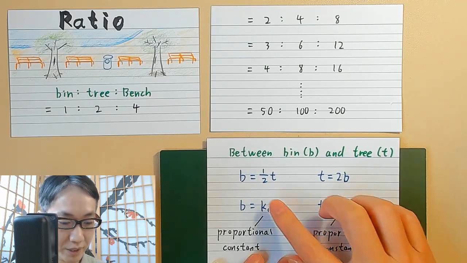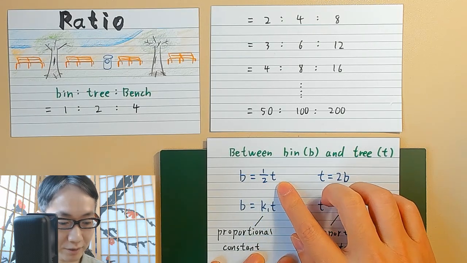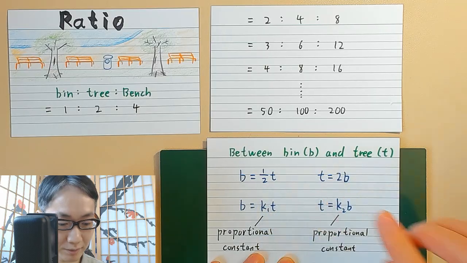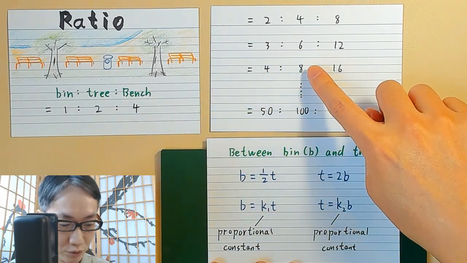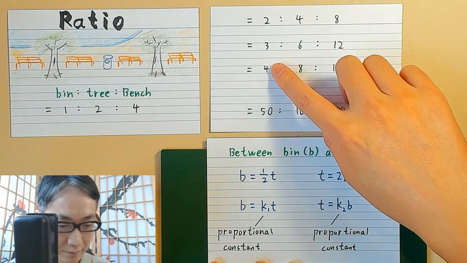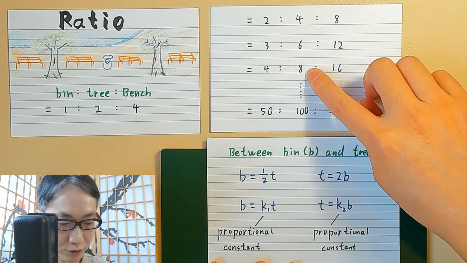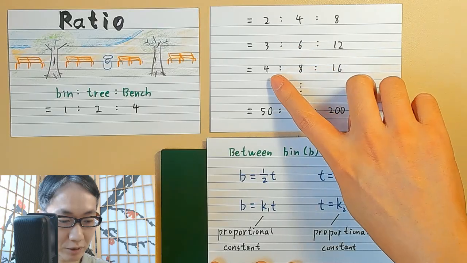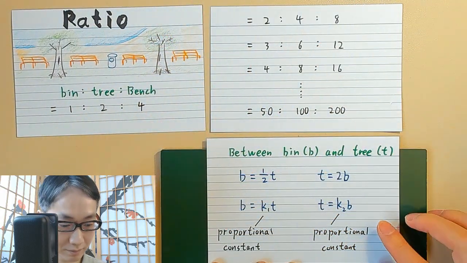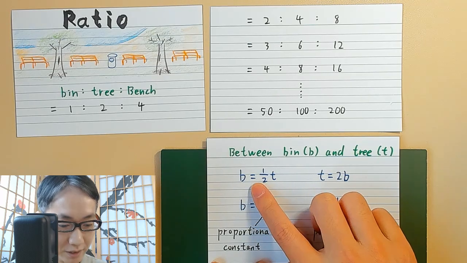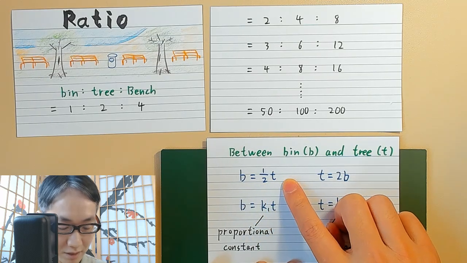Then I can say b is equal to half t, or 1/2 times t. As you can see, bin to tree, bin is always half of tree. 3 is half of 6, 4 is half of 8, 1 is half of 2. So we can say b is equal to 1/2 times t.